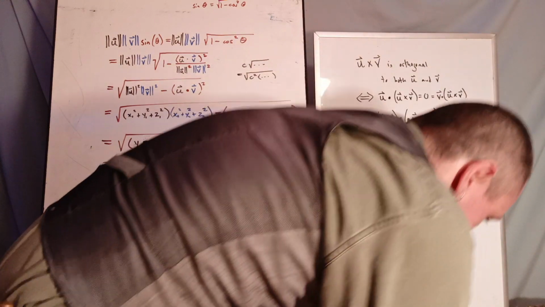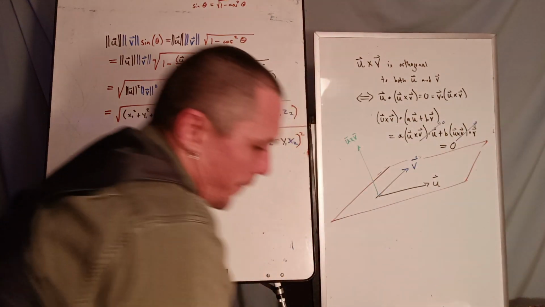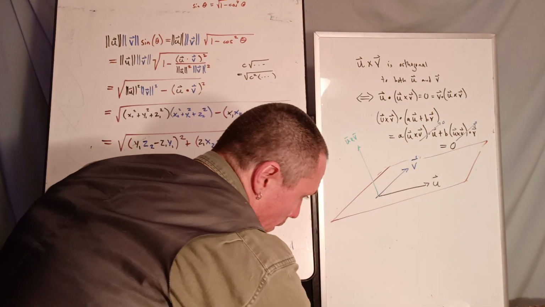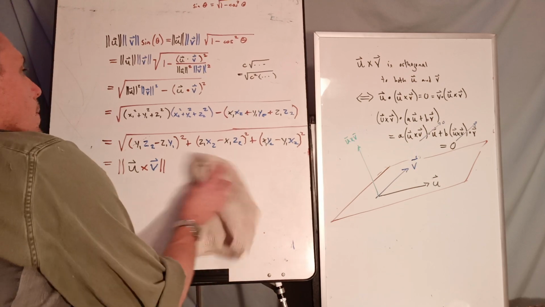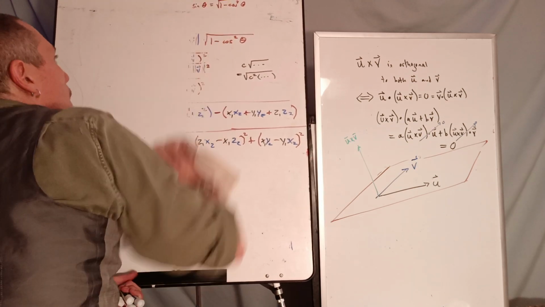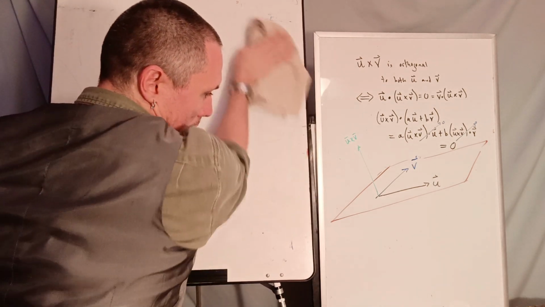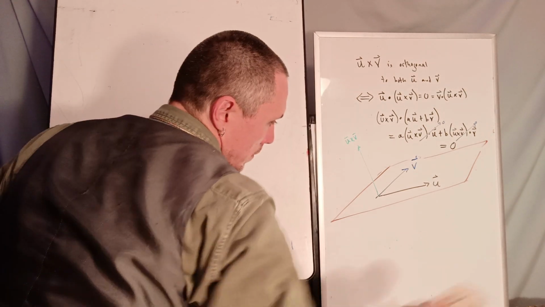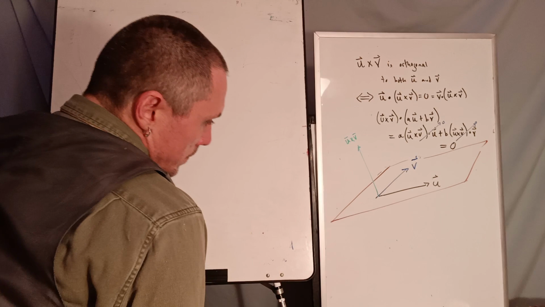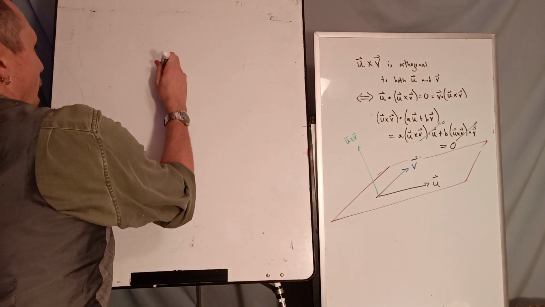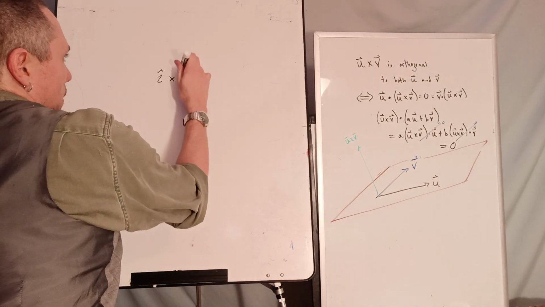But we actually already have that somewhat. And let me see if I can show you why we already have that, why this isn't ad hoc. Consider, for example, what is i cross j?